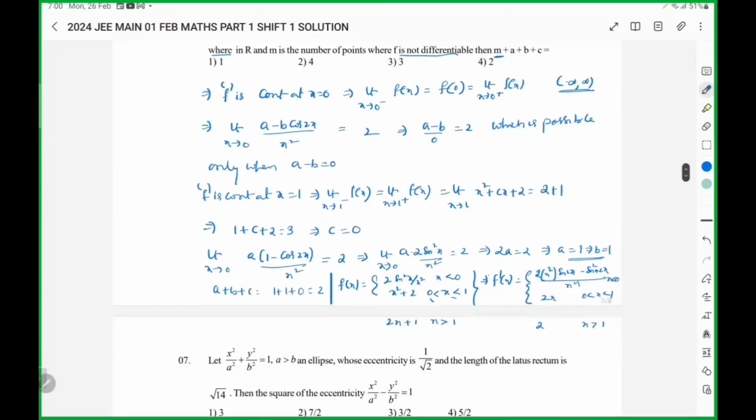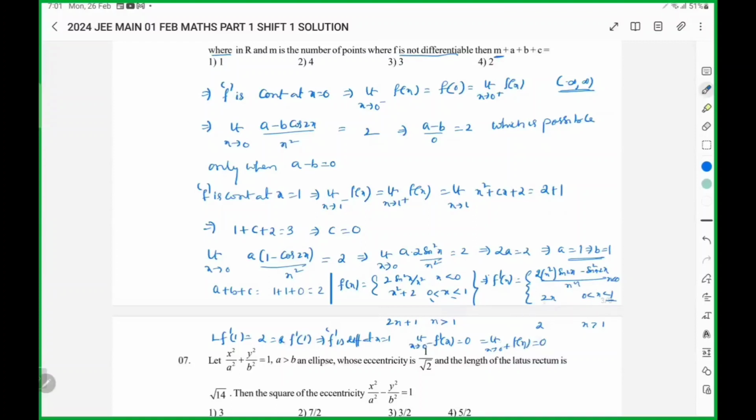Now, left hand derivative at 1 is 2. Right hand derivative at 1 is also 2. So f is differentiable at x equal to 1. Similarly, at 0, if you check it, limit x tends to 0 minus left derivative, limit x tends to 0 plus, f dash x is 0.